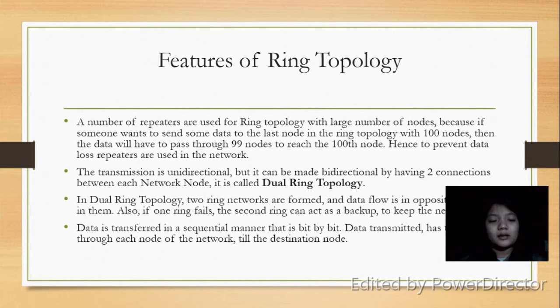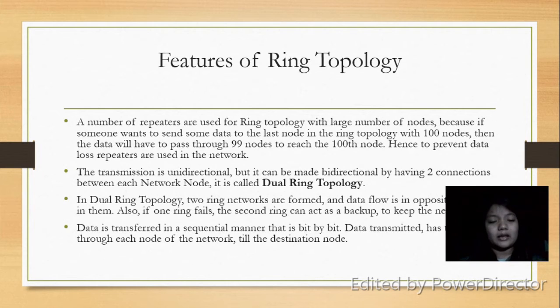Then, the transmission is unidirectional, but it can be made bidirectional by having two connections between each network node. It's called dual ring topology. Since it is a ring, it doesn't have a direction.